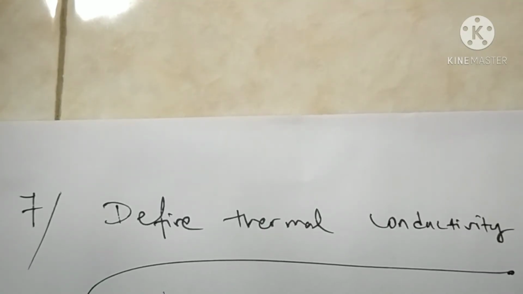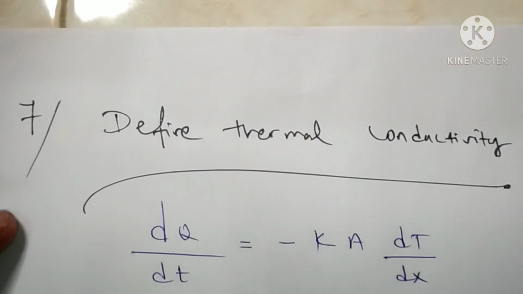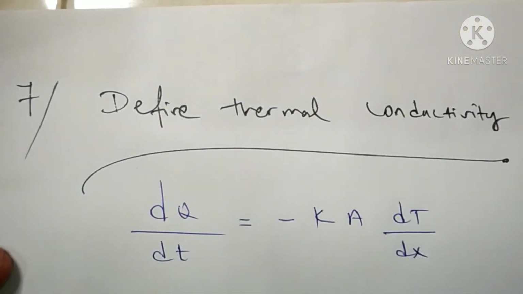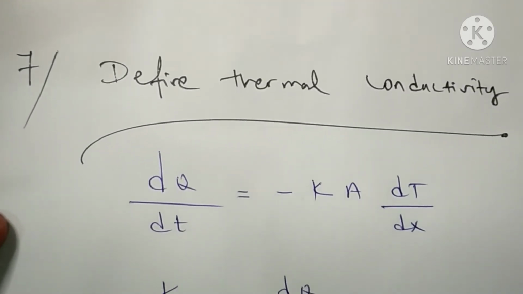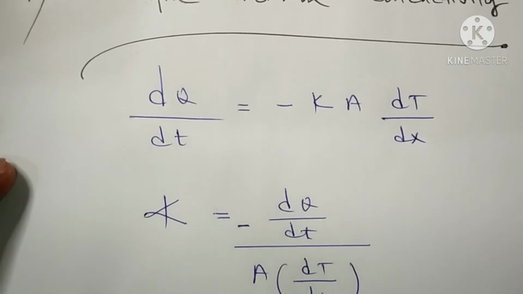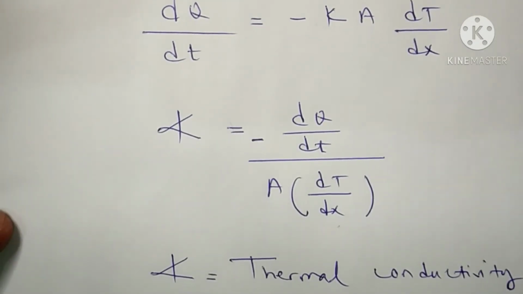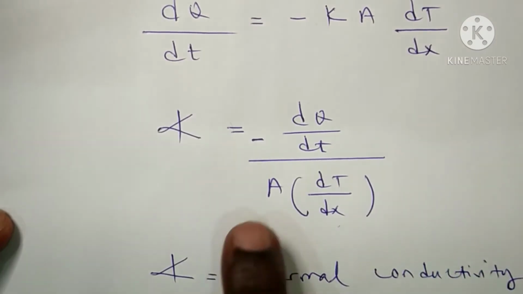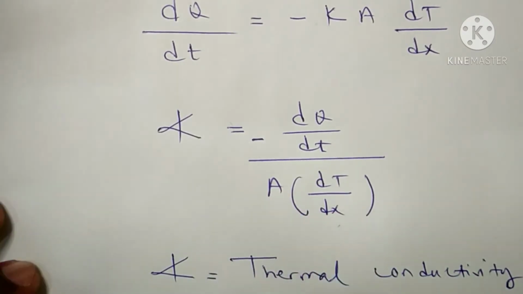Define thermal conductivity. Using the rate of heat flow equation, dQ over dt equals negative KA dT over dx, K is the ratio of the rate of heat flow per unit cross-sectional area per unit temperature gradient.